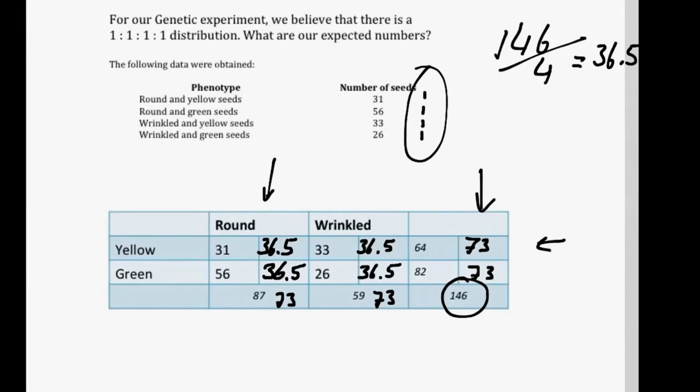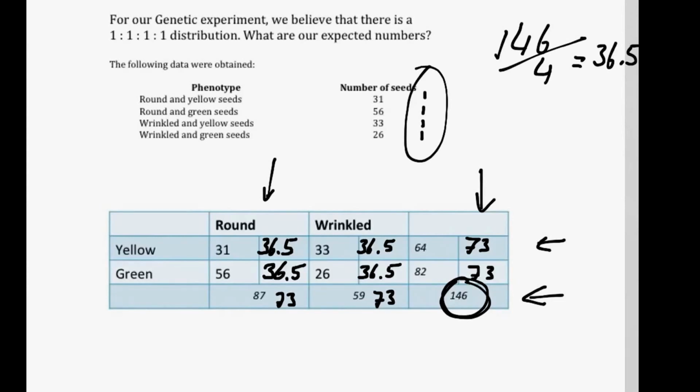And for the marginal row total, we get 73 and 73 gives us also 146. So we can very easily calculate our expectations, our expected numbers that we would expect if we had a certain distribution. And of course we can do that also for other distributions.